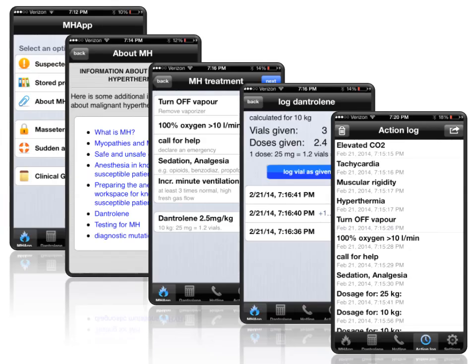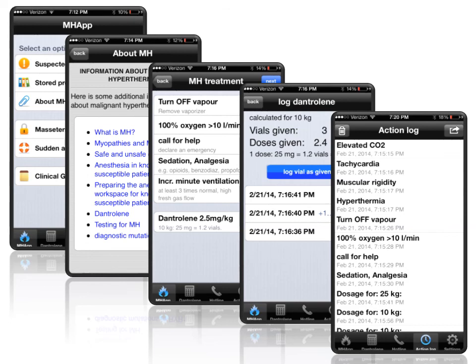This slide shows what the different screenshots look like. The general MH homepage, about MH, what it is, explaining a little bit more about each aspect of it. MH treatment, walking you through each step by step. It's a very clean format. It's very intuitive.